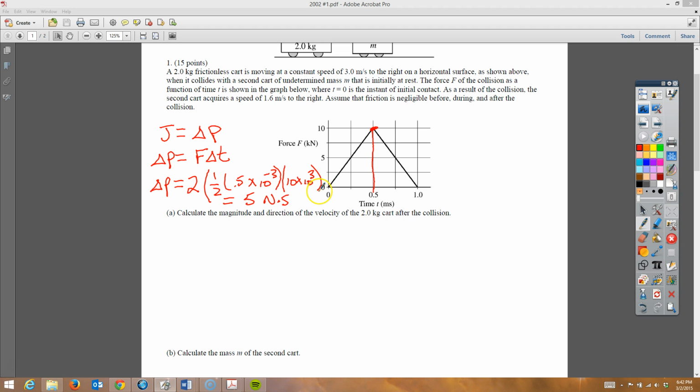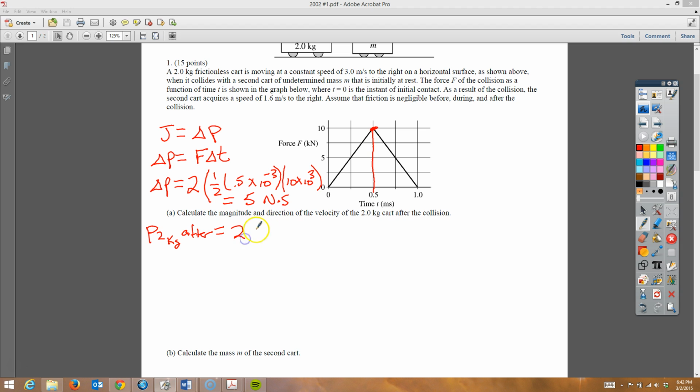So the system goes through a collision, and our change in momentum is 5 newton seconds. Let's find the momentum of the 2 kilogram cart after the collision. So we'll write P of the 2 kilogram cart after the collision.